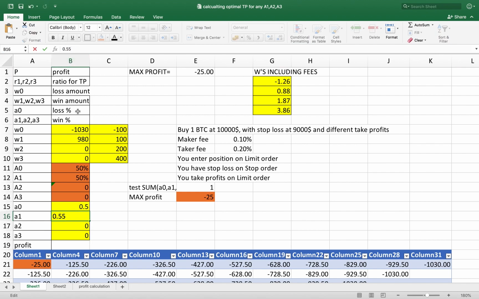Let's say with 55% winners. Let's see, what's your profit? It's $75. So on $1,000 risk, that's 7.5% yield that you're getting.